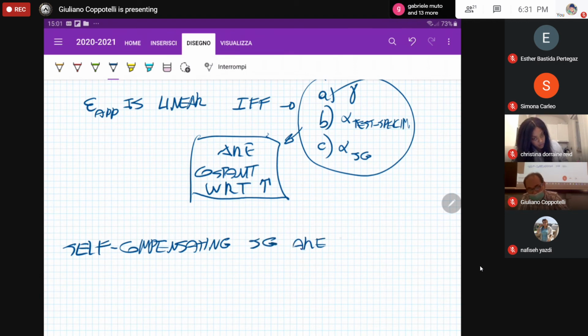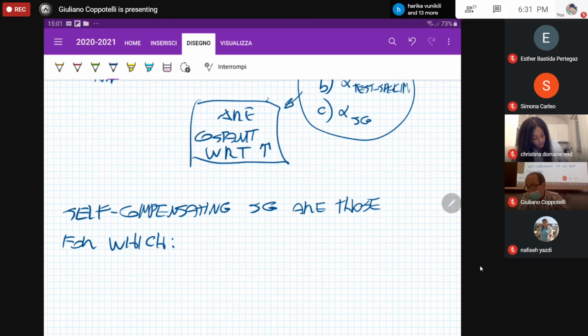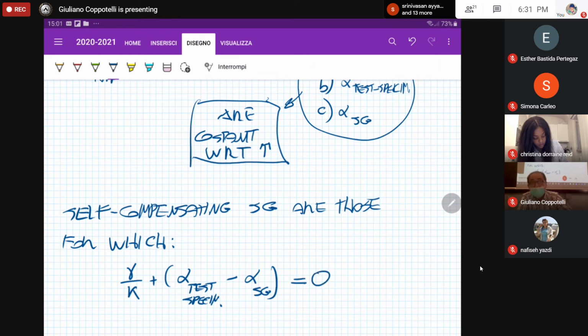are those for which we can have that gamma over K plus alpha test specimen negative alpha strain gauge is practically zero.